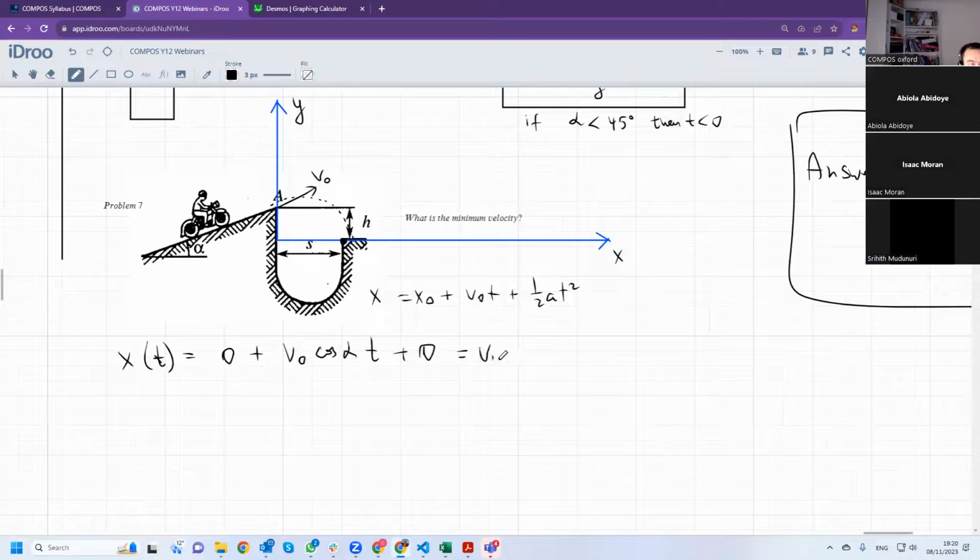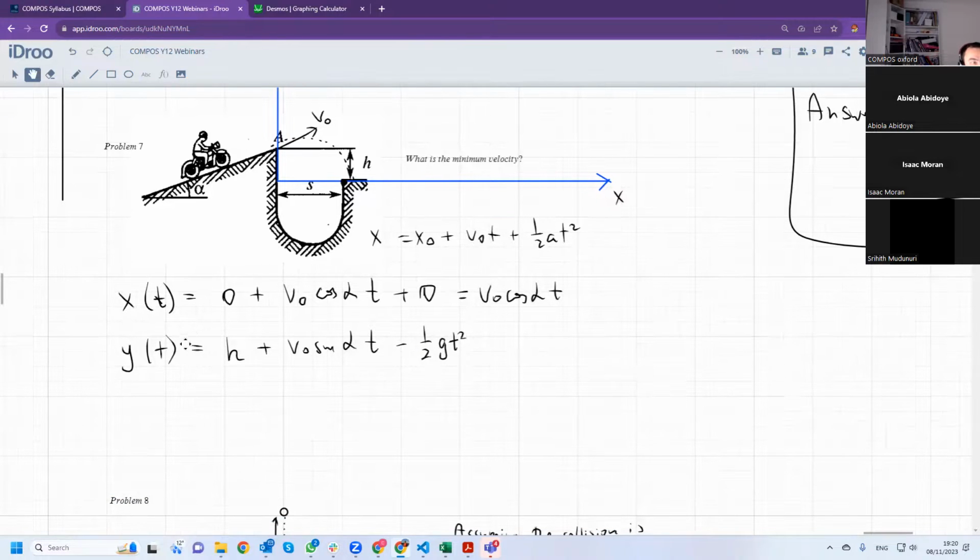Okay, so that is v0 cos alpha t. Yt, the y coordinate: we started with y0, and y0 is h, plus v0 sine alpha t, minus 1/2 gt squared.